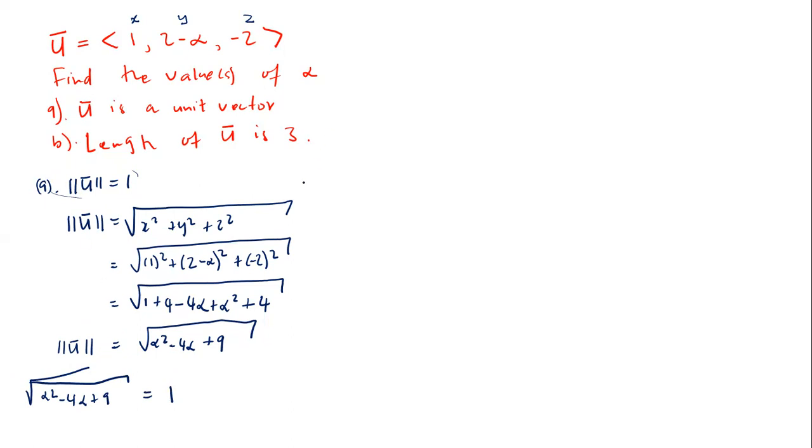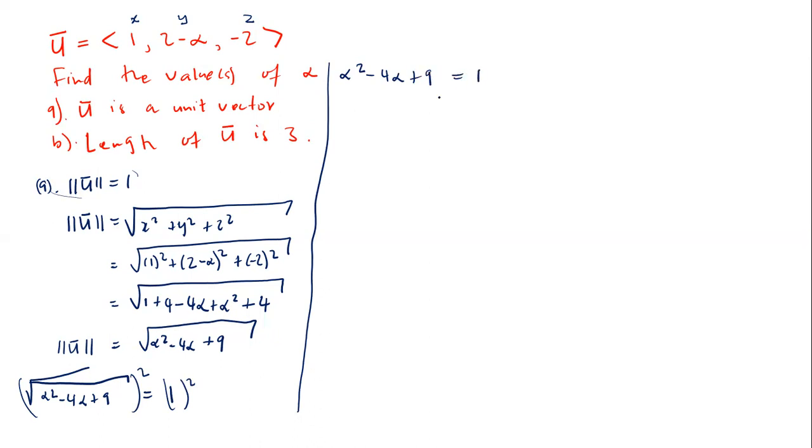As I continue, I'm going to get rid of this root sign by squaring both sides of the equation. So I have alpha squared minus 4 alpha plus 9 equal to 1.